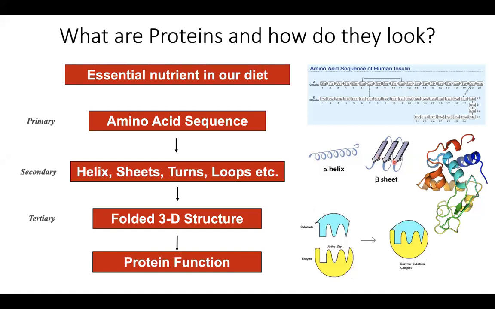Whereas a beta sheet is a parallel arrangement of amino acids. You see, this is a series of amino acids, this is a series of amino acids, and this is also a series of amino acids, and these are stabilized by hydrogen bonds in these areas. There is a small beta sheet here, and here.